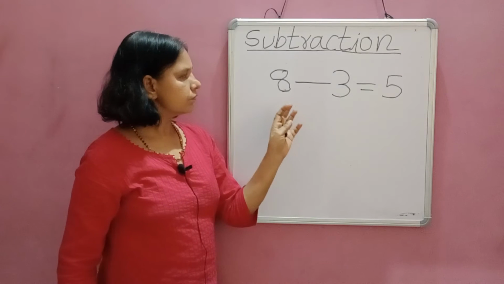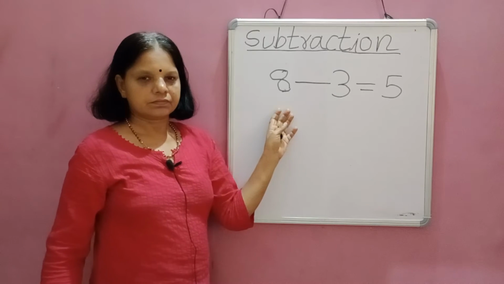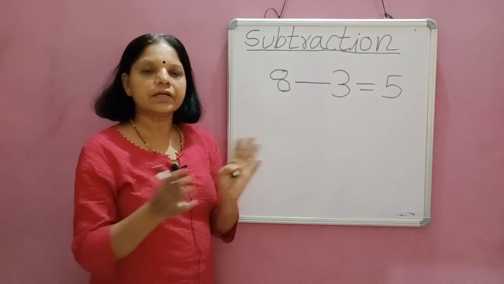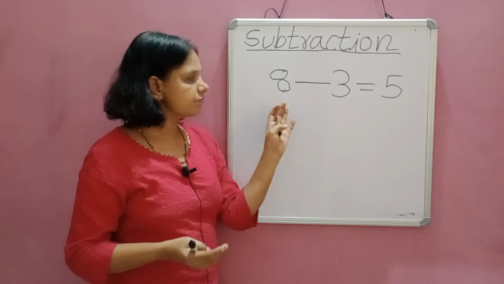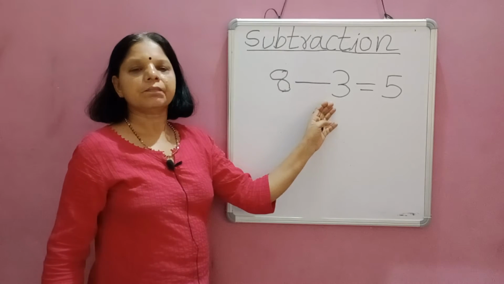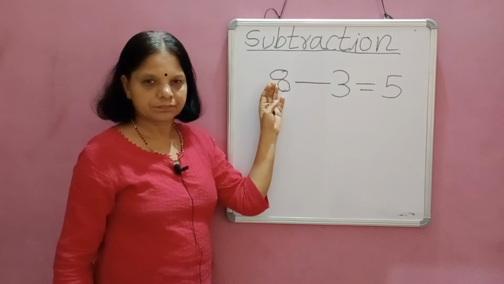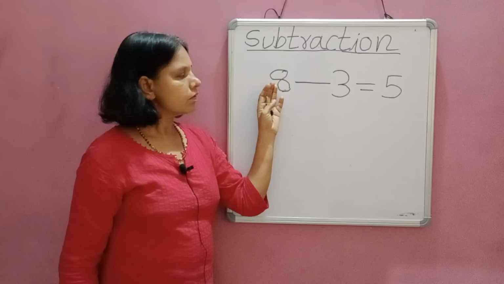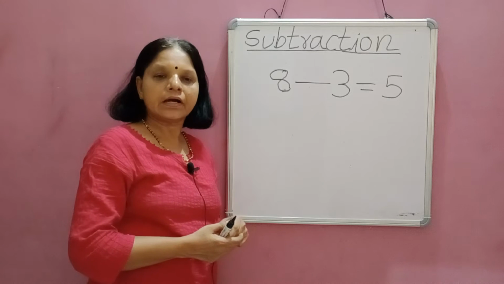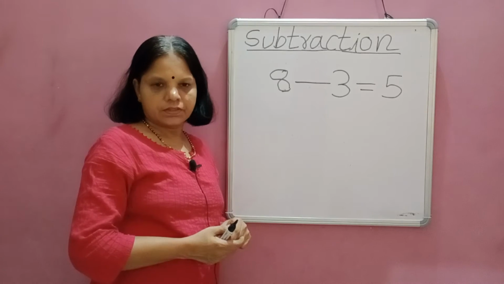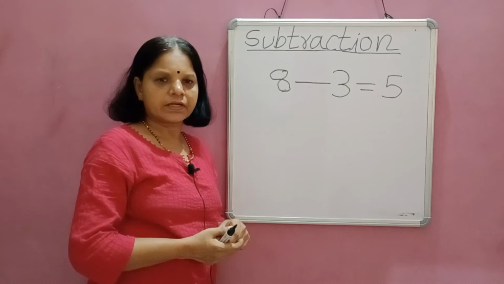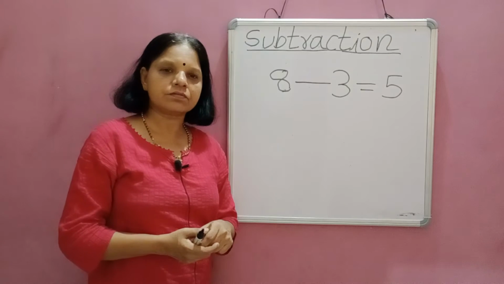Now one difference in subtraction is that in addition we can do in any order, but in subtraction we can subtract only a smaller number from a bigger number. Clear? For example, suppose your mother is having only 100 rupees with her. If you ask 120 rupees for buying something, can she give from 100 rupees?